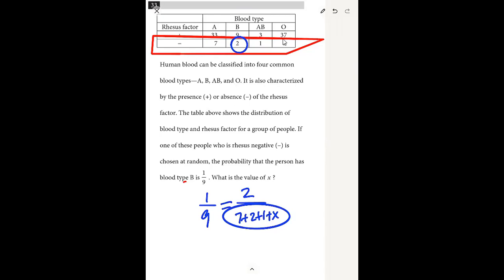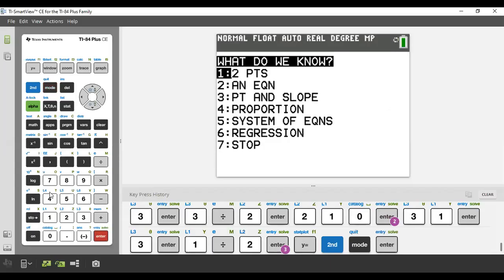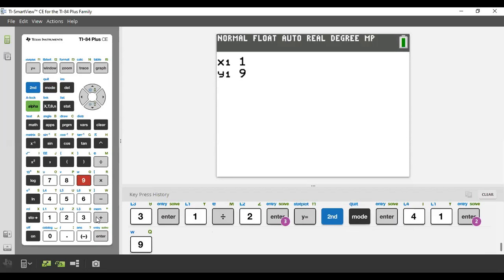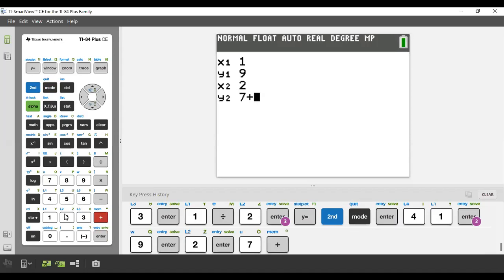So we're going over to the calculator again. We're going to press enter. We're going to use option 4. We're going to put in 1 out of every 9 people who have the rhesus negative factor. And then there were actually 2 people out of a total of 7 plus 2 plus 1 plus X. Press enter.